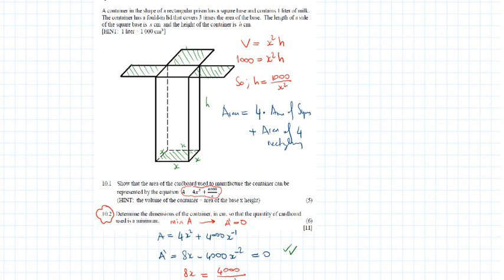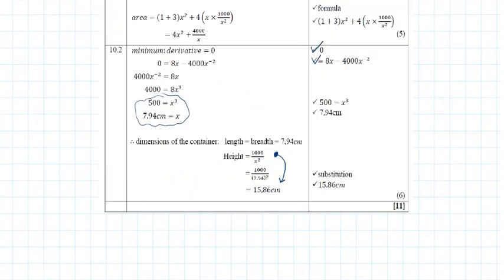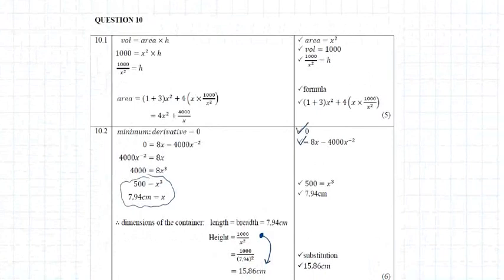So the area is going to be 4 times x squared plus 4 times x times h. So it's almost done. To get 5 marks, we just need to substitute h in this formula for the area, and then we will get what they wanted. So that's the way of solving this application of calculus question. You can always go through the memorandum when you see that.